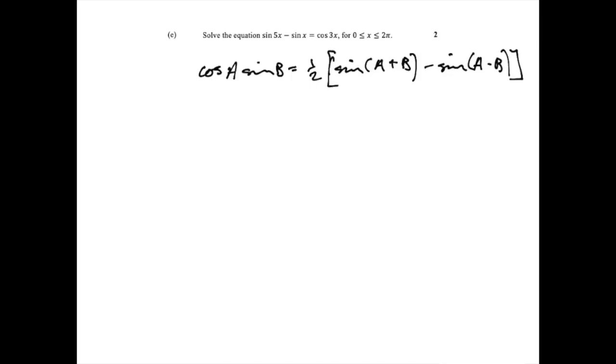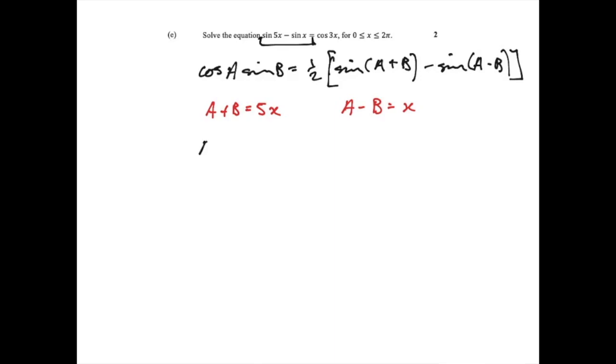Cosine A sine B equals a half sine A plus B minus sine A minus B. And I guess the trick here is you do have to recognize that is what we have going on here. So A plus B is 5x and A minus B is x.